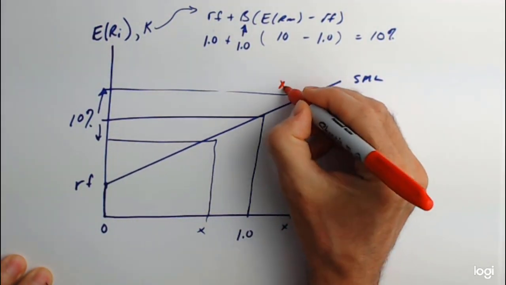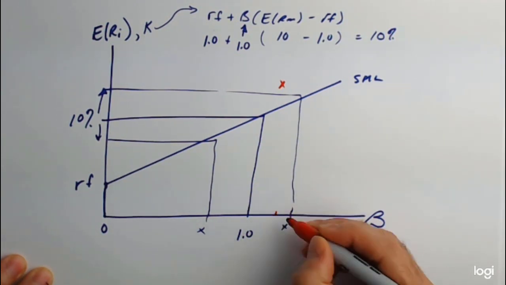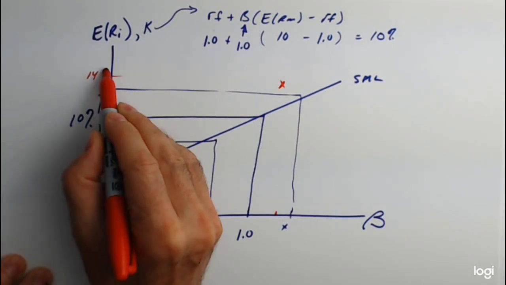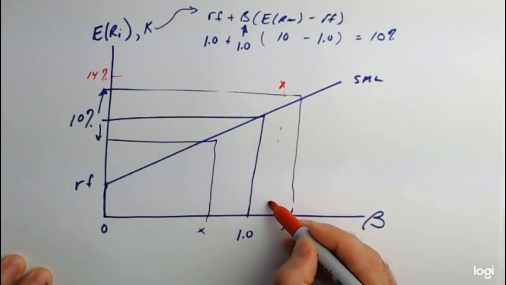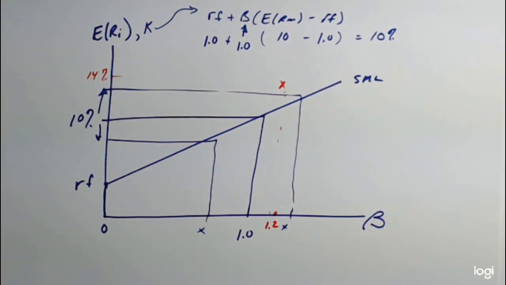So the point is, we're going to come across people that have portfolios, or let's just say we have a portfolio right here. The portfolio has a return. Let's just say it has a return of 14%. Making numbers up here, come down. Let's just say this is beta of 1.2 right here.